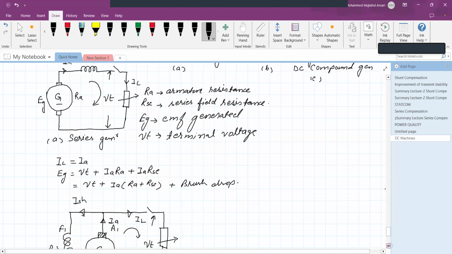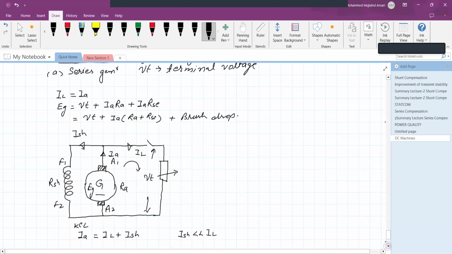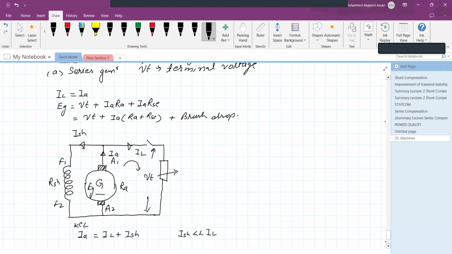Whereas here the magnetic flux remains constant irrespective of the load current. If the load increases, the load current also increases, but there is no change in the shunt field winding.